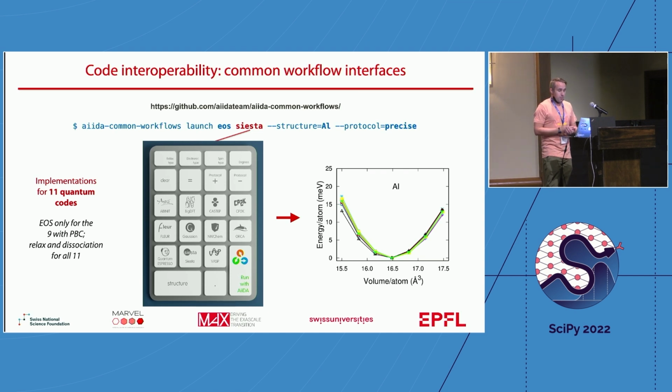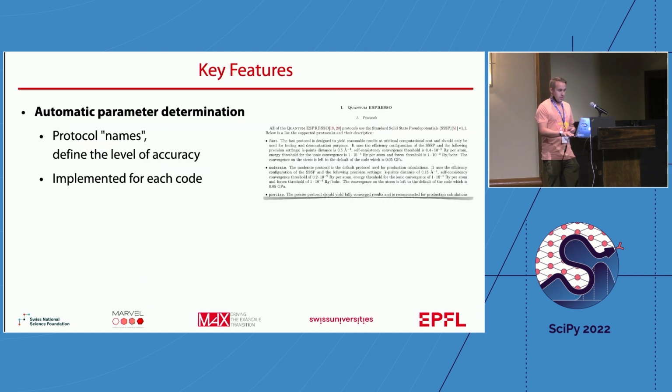An important outcome of this is now I can just change the strings for any of the other 11 codes or another crystal structure and just press the button again, and the result we get will be something like you see on the right, where hopefully everything agrees. Note that I don't have to tell the tool any exact parameters to use.